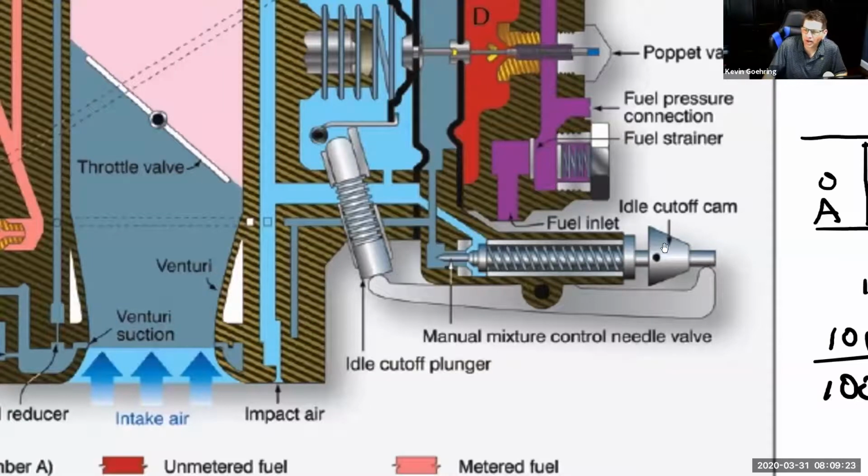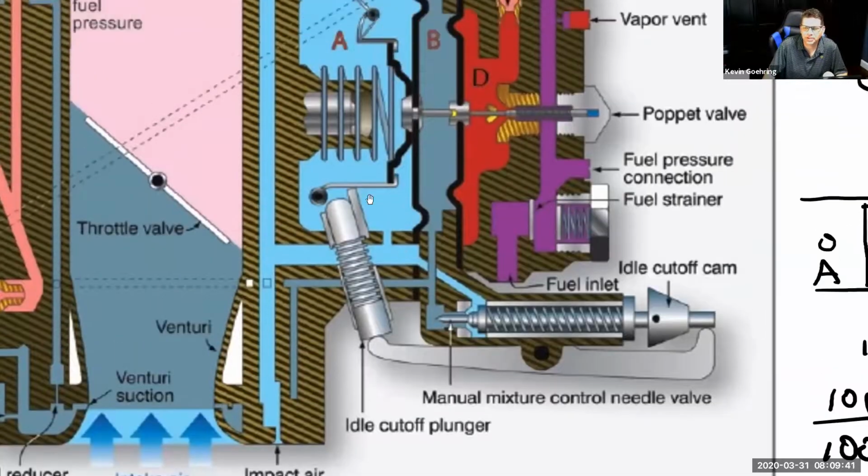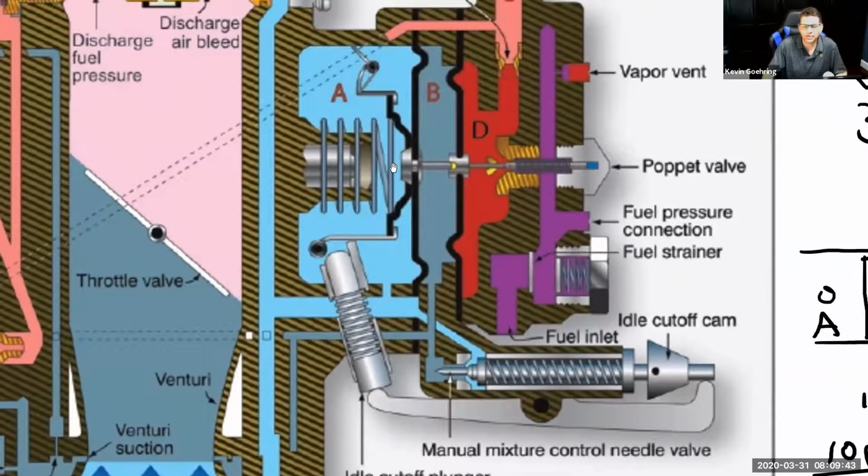The more you pull it out, if you pull it all the way out, see, it says idle cutoff cam. What happens when you pull this out to the point where this ramp hits this, it pushes down on this lever, which pushes up on this, which actually locks in and pulls this out of the way. I'm trying to think. I had a good drawing one time that really explained it, and I don't know where it went right now. Anyway, it locks the idle spring and keeps it from being in play.